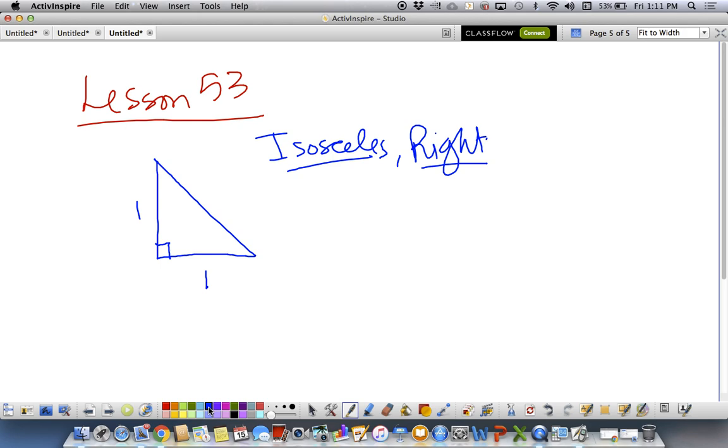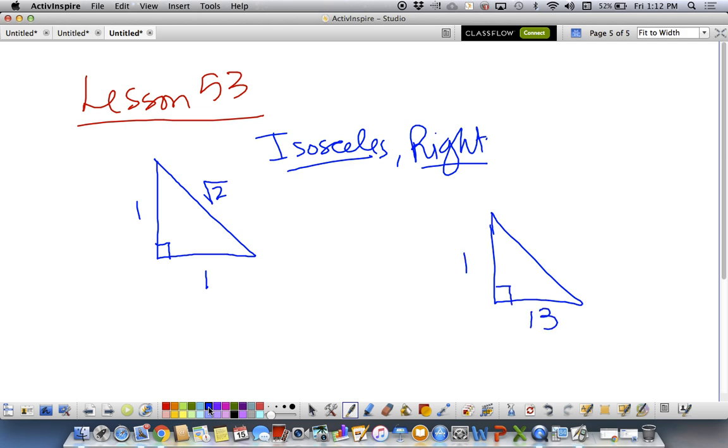There is something very special about right isosceles triangles. The hypotenuse will always be the side length times the square root of 2. Always. Pick any side length. Pick a number, Lorenzo. 13.